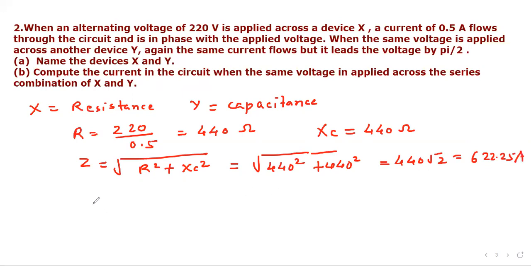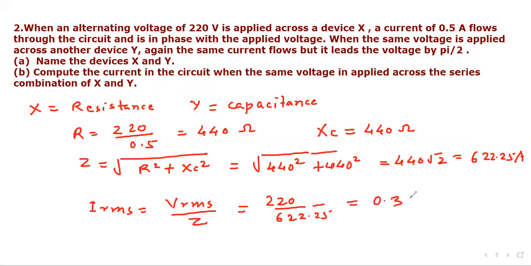Now we have to find out IRMS. So IRMS equal to VRMS divided by Z. So VRMS is given as 220 volt, 220 divided by 622.25, and this will be equal to 0.35.